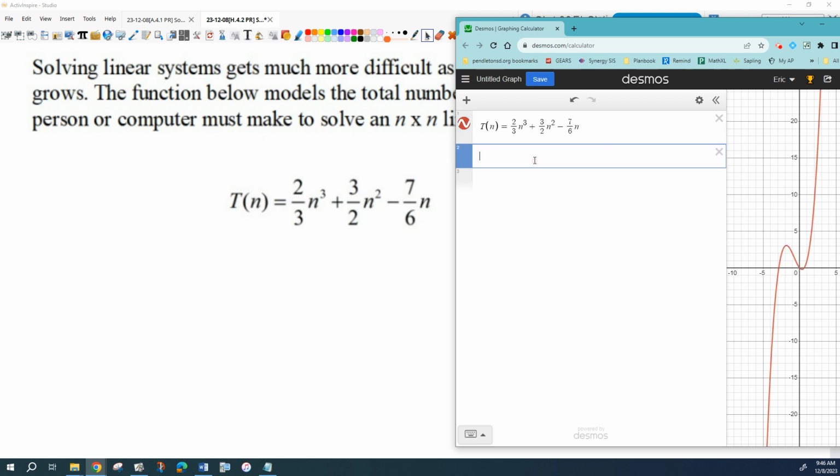And let's just set some values for n. Why'd that not work? I guess I just do this, t of 3. So it takes 28 steps minimum to solve a 3 by 3 linear system.